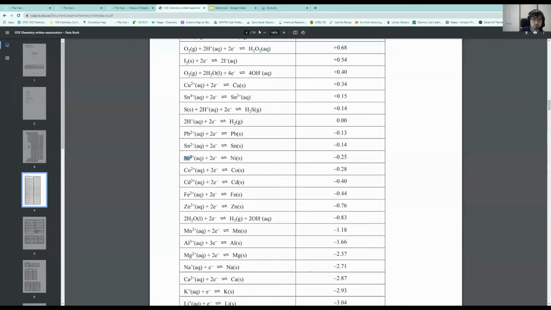If we were reacting nickel with our lead, I'm going to circle that, got our lead, our nickel, we're going to take the top value and subtract the bottom value from it. So, oh, sorry, other way around. We're always going to take the one that's on the left. So negative 0.25. And we're going to subtract the one on the right.